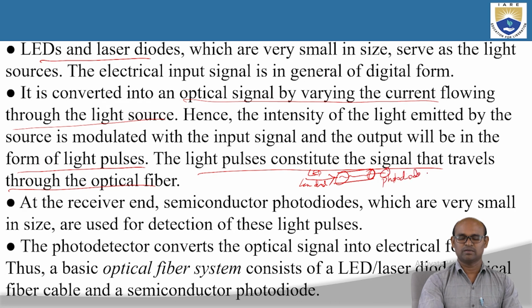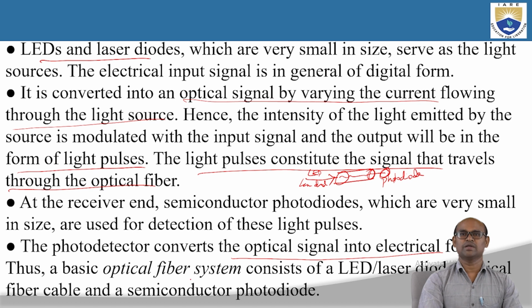or photodetector. This photodetector is going to detect this light and convert the light signal into an electrical signal. Okay, so the photodetector converts the optical signal into the electrical form.